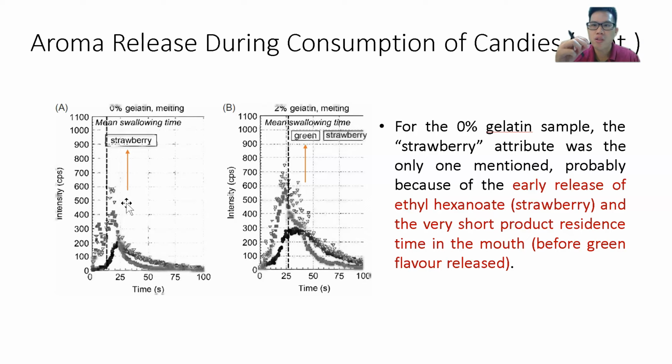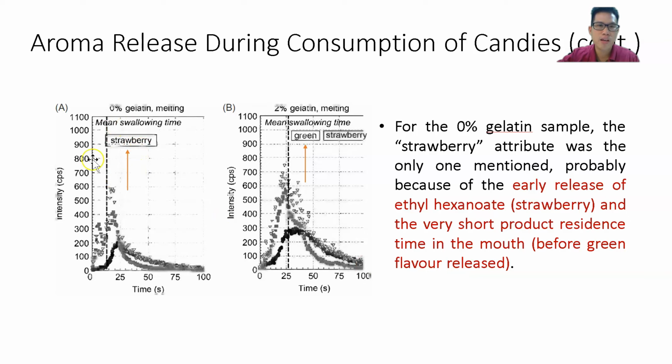Because of the very short residence time, the other flavors are not really released, but the strawberry flavor can be captured before it is swallowed. The green and butter flavors could not even be captured before swallowing. Probably because of the early release of ethyl hexanoate, the strawberry flavor, and the very short residence time in the mouth before the green flavor can be released.